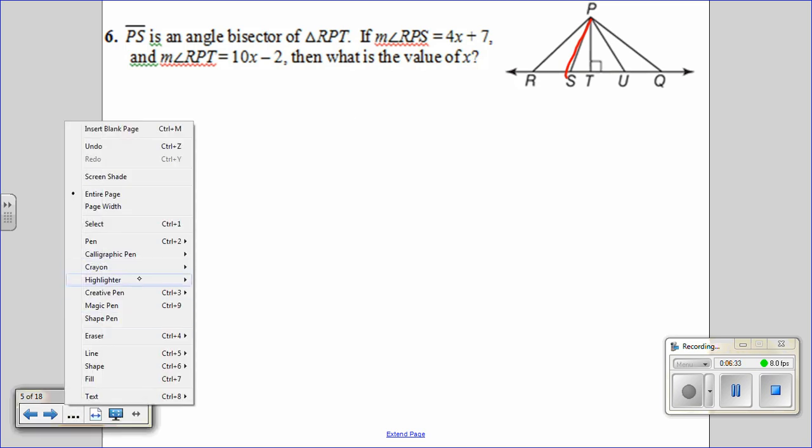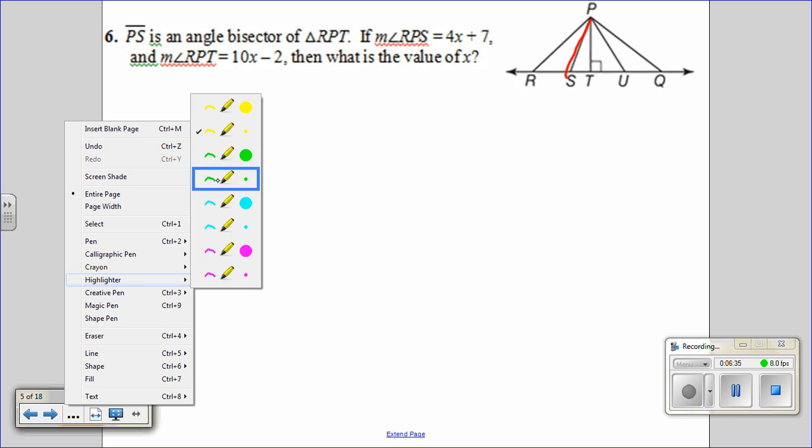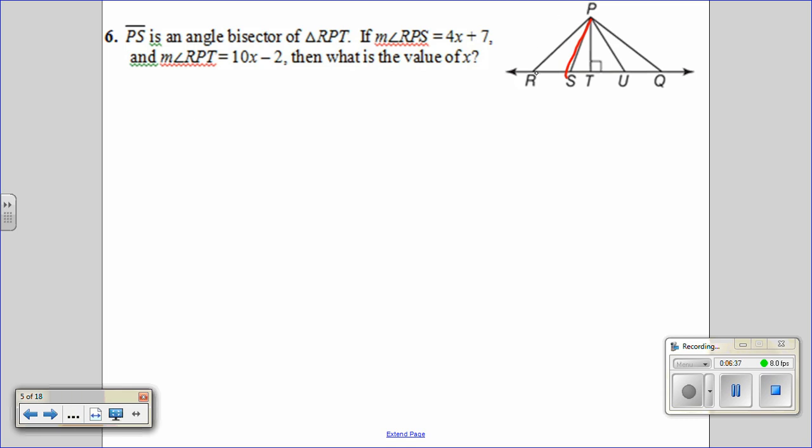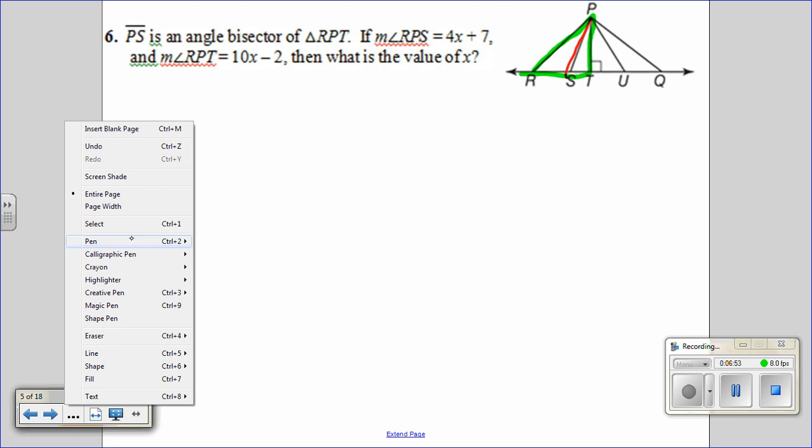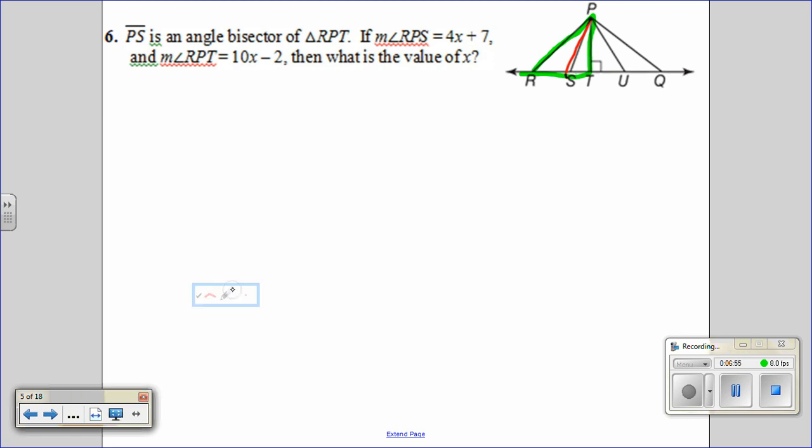So I'm going to highlight that triangle, RPT. And if you need to borrow highlighters on your test, you're more than welcome to, to keep things from being distracting. So again, RPT is the triangle.